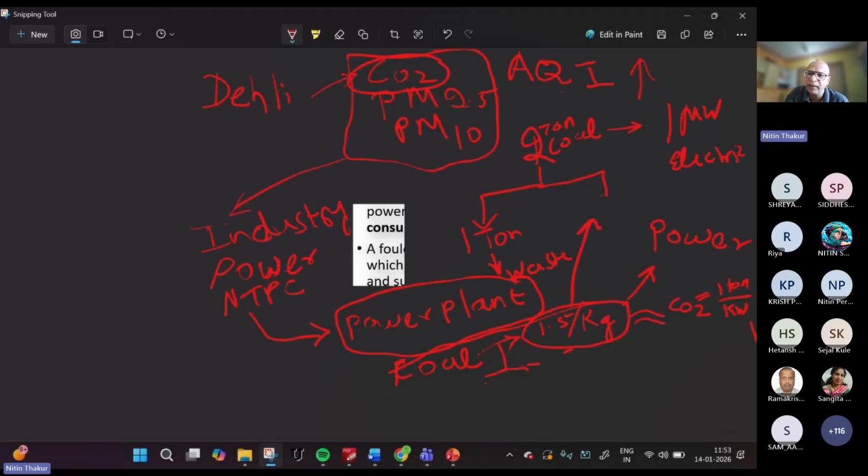And the remaining 1 ton is the useful heat that goes into making 1 megawatt of electricity. So there is almost 1 ton of coal burnt that is called waste.